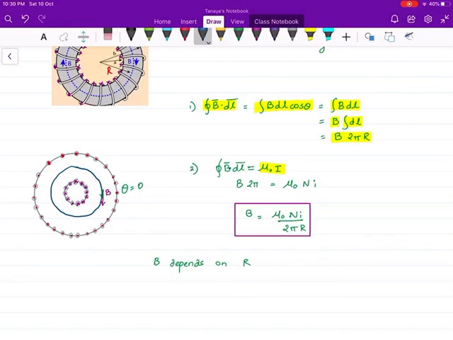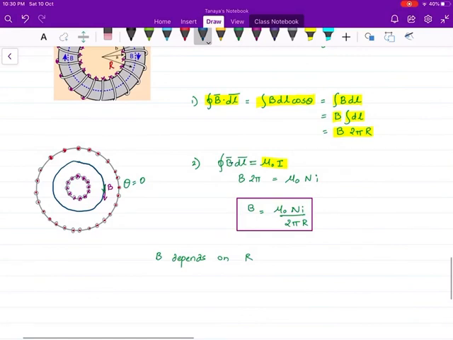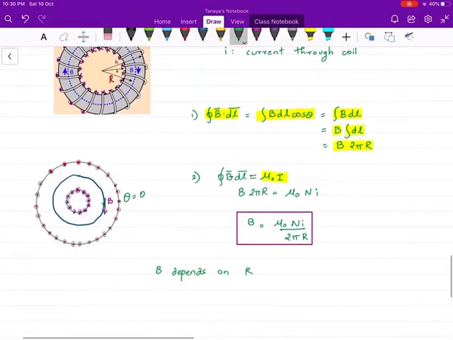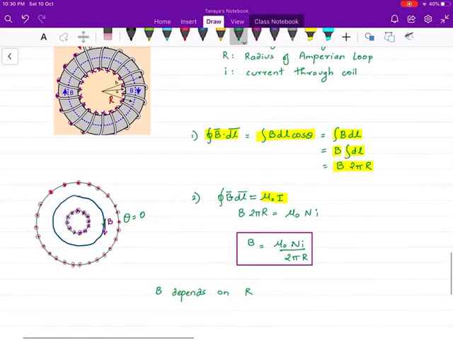The integral of B bar dot dl bar is B into 2 pi R, which is equal to mu naught times I. Capital I is the current enclosed by this Amperian loop. What is the current enclosed by this Amperian loop? That is this current over here.